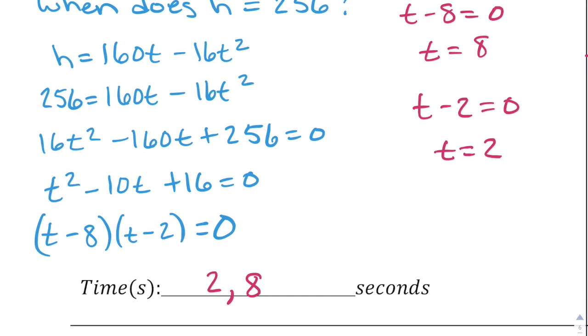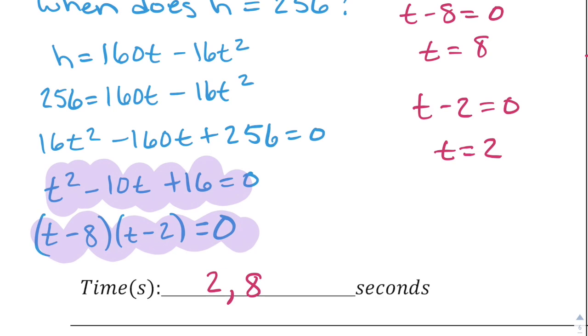Factoring, in this case, I divided by 16 first, made it easier to see what my factors would be. Again, that's just to make it easier. You don't have to. You would get something probably a little bit more obnoxious. You'd probably get 4t minus 32 times 4t minus 8 or something similar. Just divide by 16 if you can. You get this as a result.